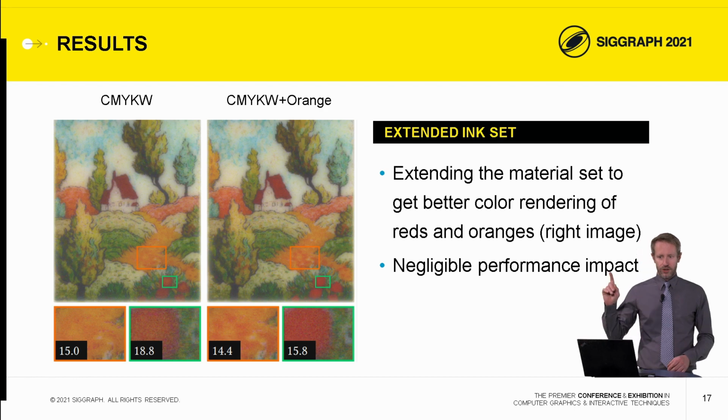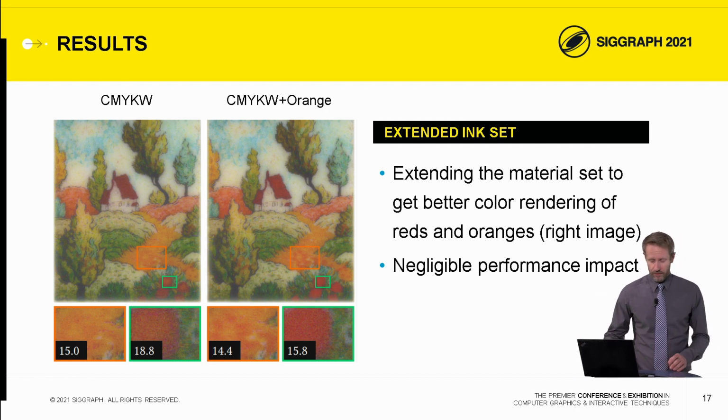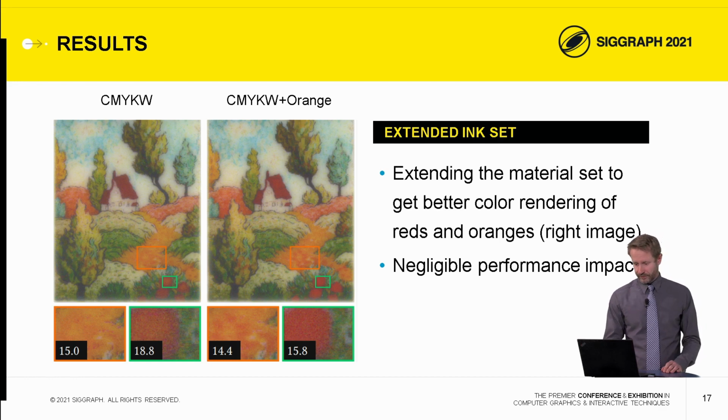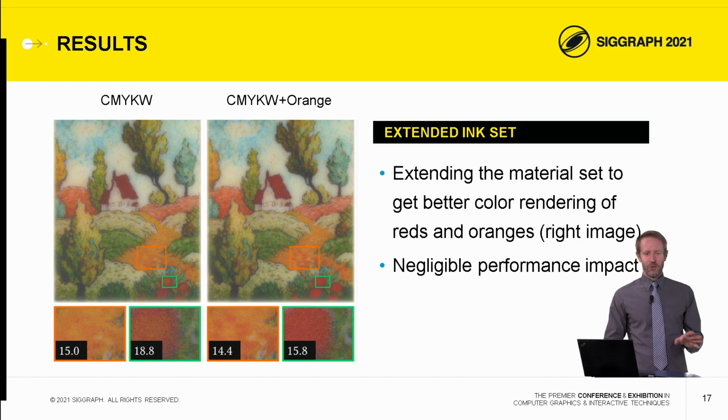By the way, all the results that you can see here are actual renders of half-toned volumes. The performance impact of adding another material into the set of available materials is negligible. It's actually only below 1% increase in computational time.